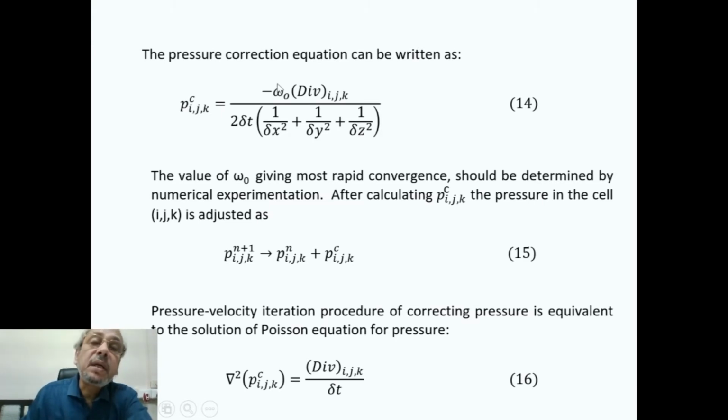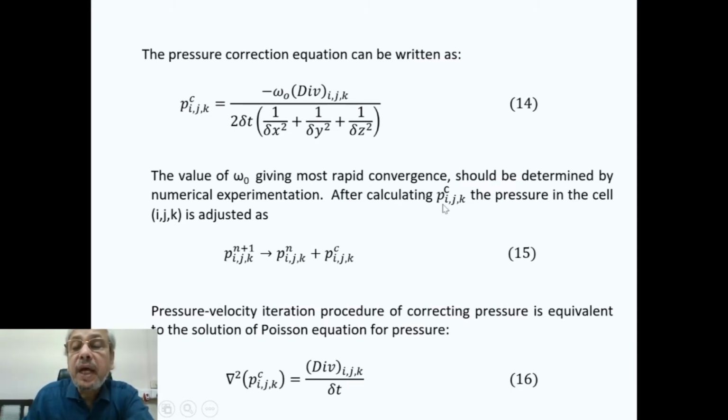Numerically, there are ways to experiment with it. Usually the value we use lies between 1.5 and 1.7, but one can also do a priori testing to choose a more appropriate over relaxation factor.